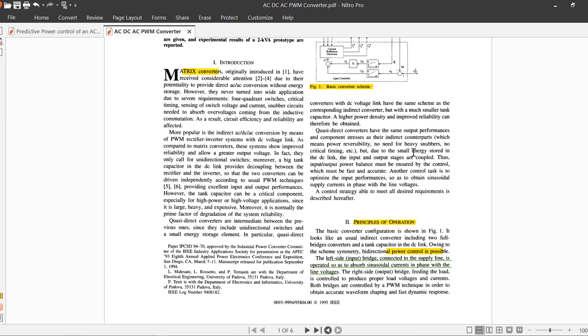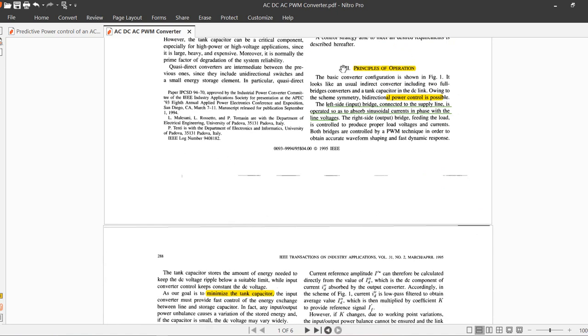But due to the small energy stored in the DC link, the input and output states are coupled. Thus, the input and output power balance must be ensured by the control, which must be fast and accurate. Another control aim is to optimize the input performance, so it often yields a sinusoidal supply current in phase with the line voltage.